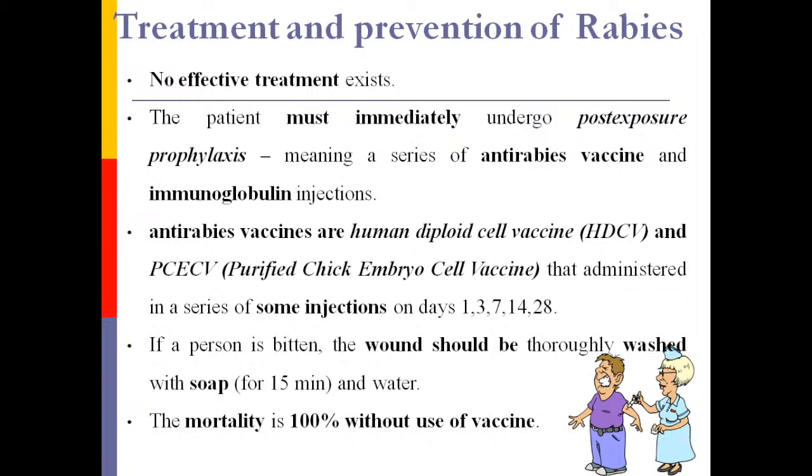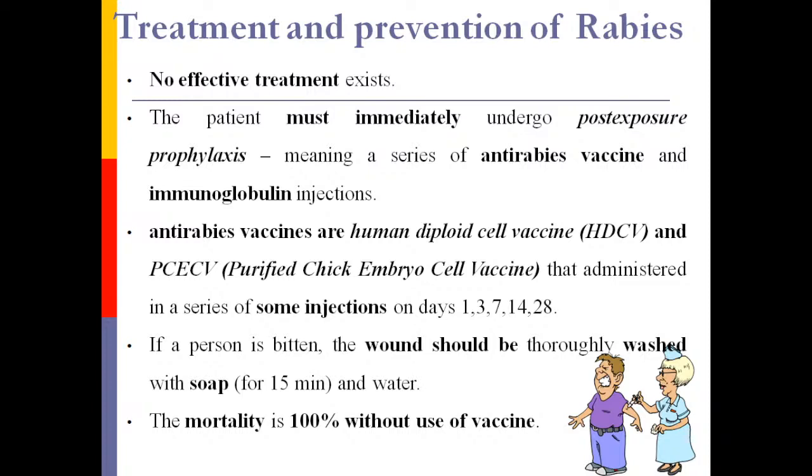After biting by a wild or domestic animal, the patient must immediately undergo post-exposure prophylaxis. It means a series of anti-rabies vaccine and immunoglobulin injection. We don't know if this animal is infected with rabies or not, but post-exposure prophylaxis means injection of vaccine in any person who is bitten.